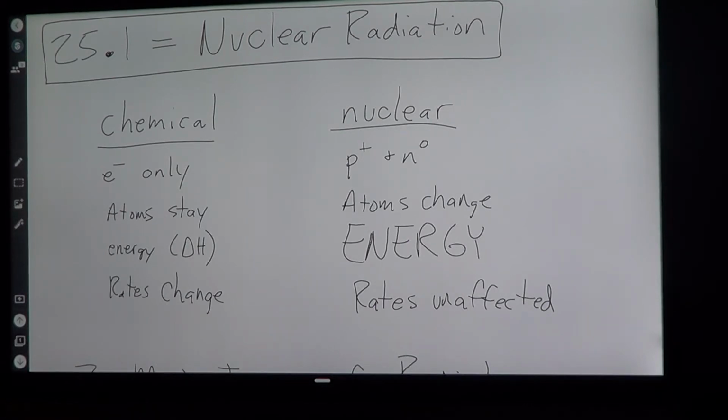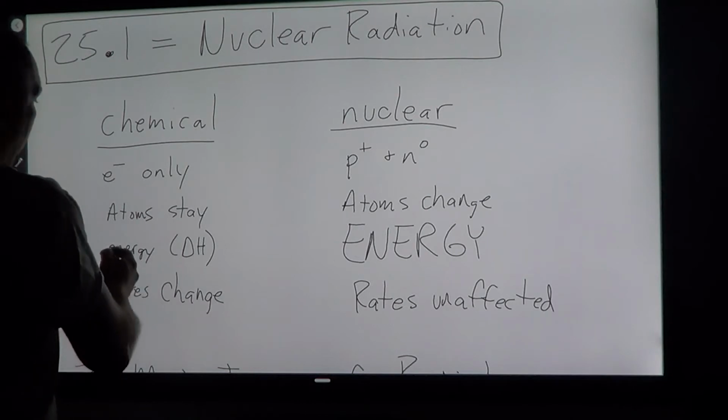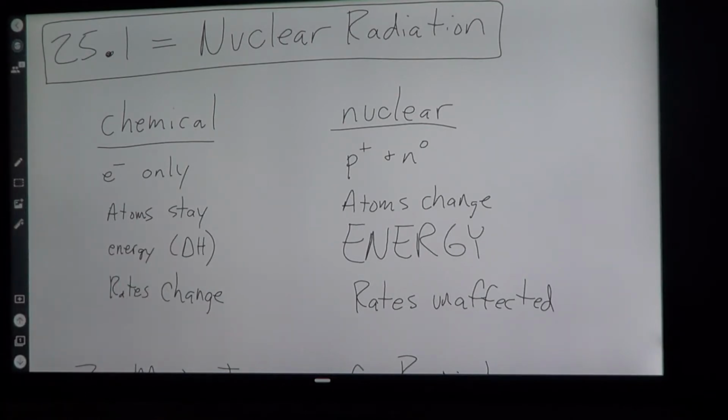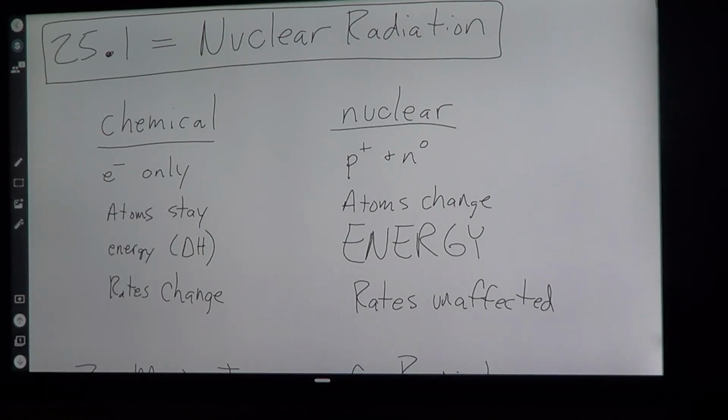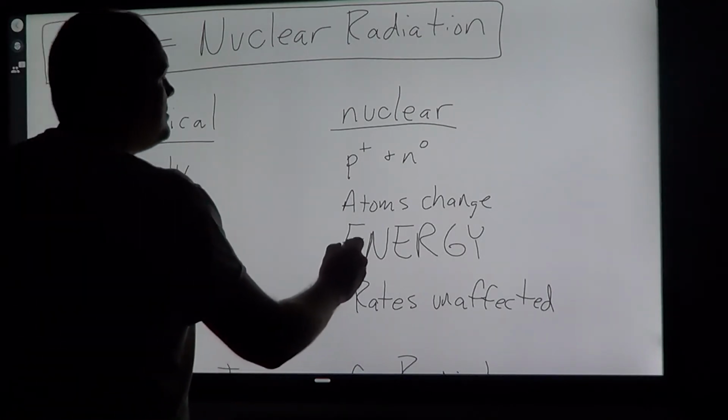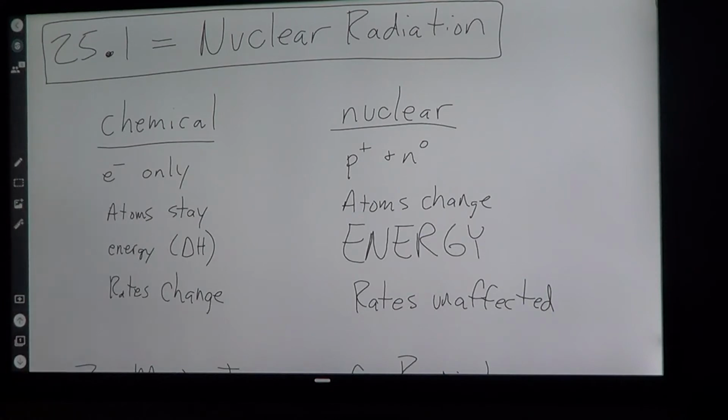If we were to explode all the dynamite on Earth at once, all of that heat generated by that dynamite would be small compared to a simple nuclear reaction that's not even a fraction of the size.